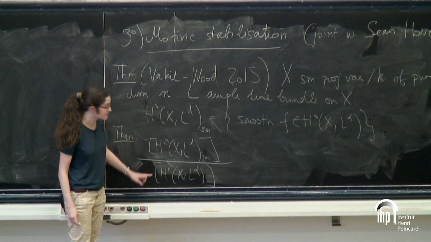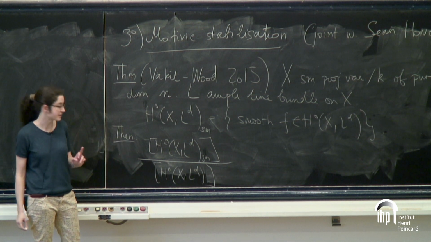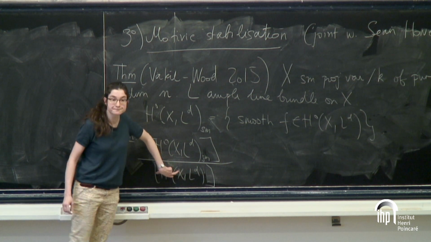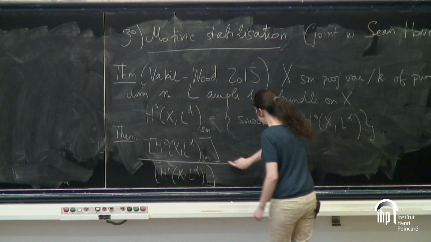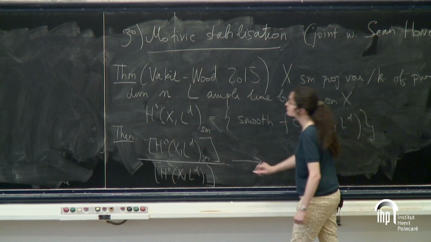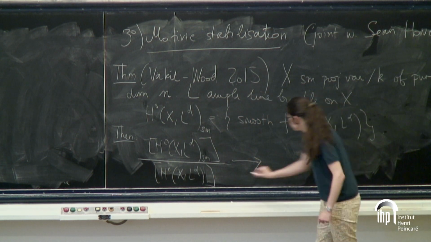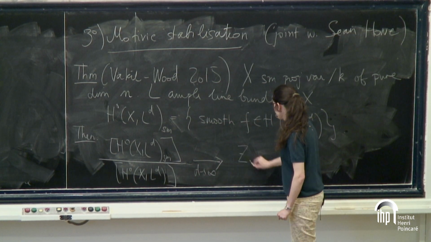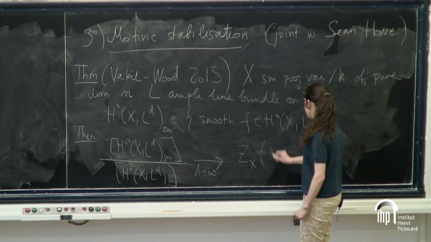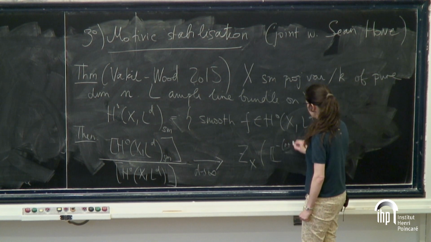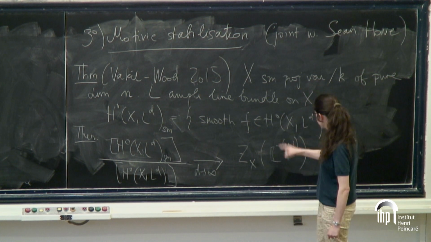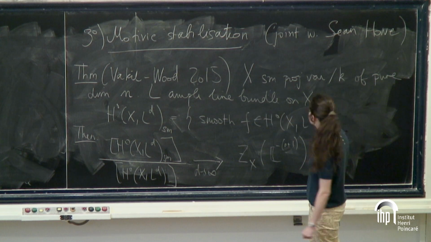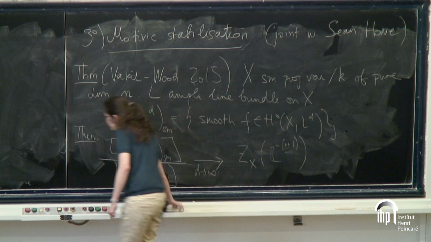This does make sense in the Grothendieck ring localized at L, because this is just a vector space. Then this has a limit with respect to the dimensional filtration, which is the value of Kapranov's zeta function at L to the minus n plus 1, where n was the dimension of the variety X.